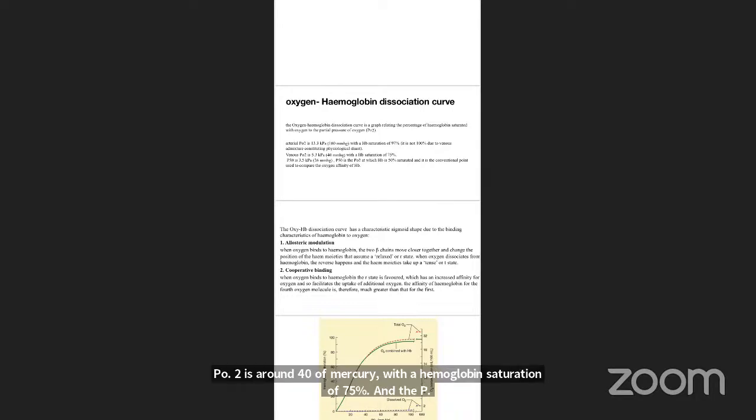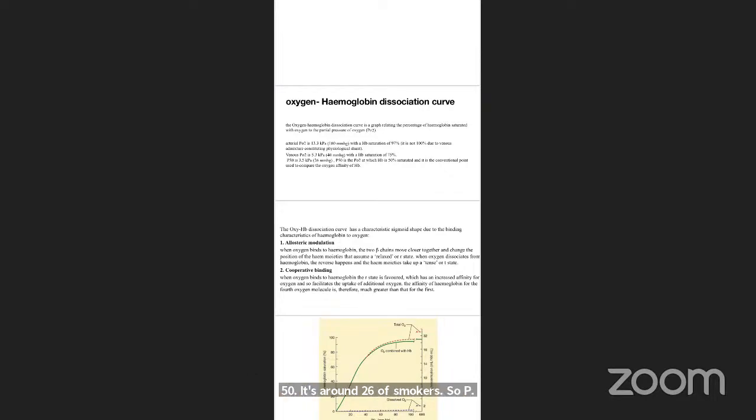Arterial PO2 is around 100 millimeters of mercury with a hemoglobin saturation of 97%, and venous PO2 is around 40 millimeters of mercury with a hemoglobin saturation of 75%. The P50 is around 26 millimeters of mercury. P50 is the PO2 at which hemoglobin is 50% saturated with oxygen.